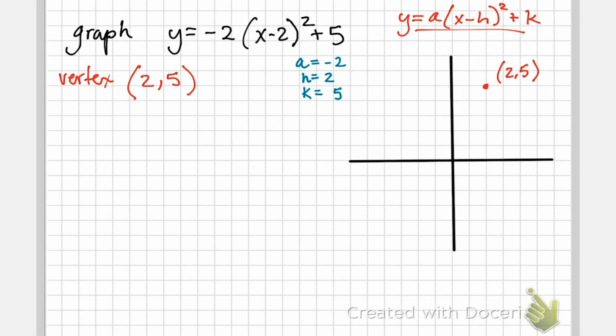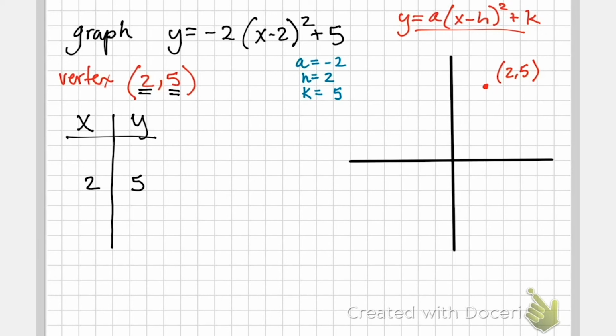Now the best way to find my next 2 points is the XY chart. When we do the XY chart, you've already got a point here, 2, 5.